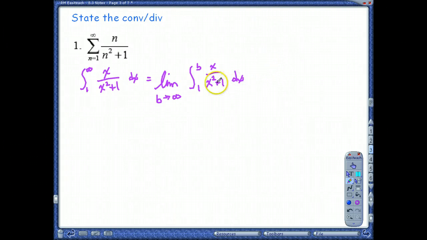So when I'm looking at this, when I integrate this, I'm going to use a u substitution. So my u is going to be x squared plus 1, which makes my du 2x dx. I don't have that 2, but I'm going to have it here in a minute. So I'm going to put the 2 in, counteract it with the 1/2, and I'm ready to go.